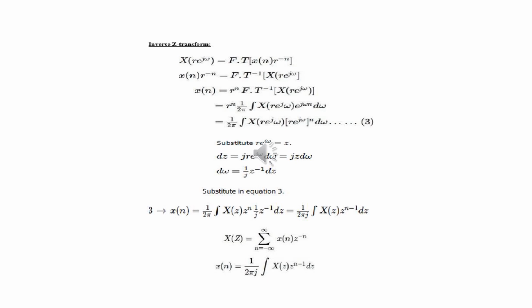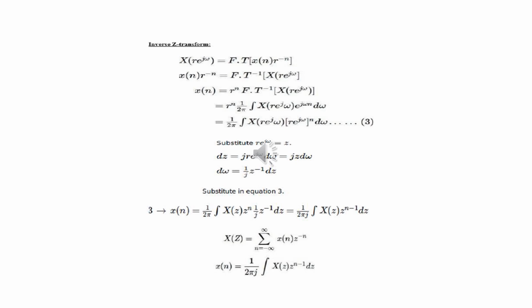Inverse Z transform. So X(r e to the power j omega) is equal to the Fourier transform of x(n) into r to the power minus n. So this x(n) r to the power minus n is equal to the inverse Fourier transform of X(r e to the power j omega).